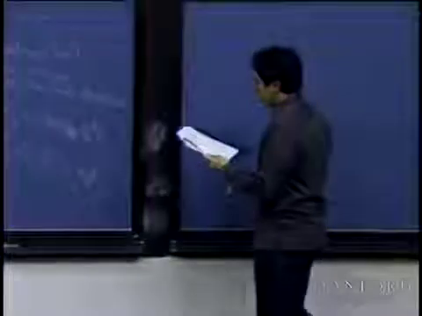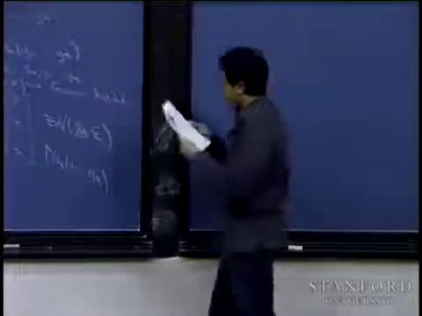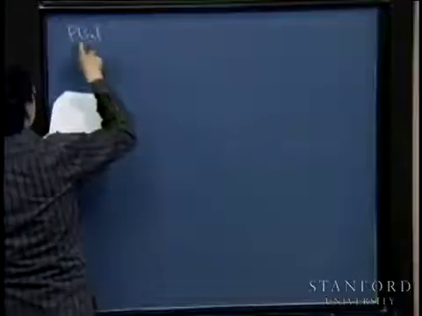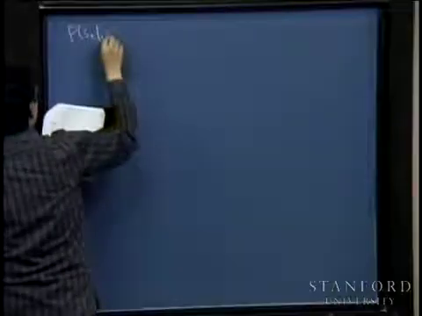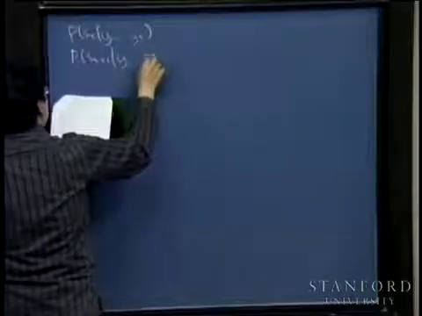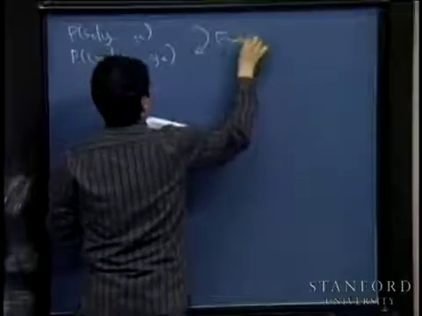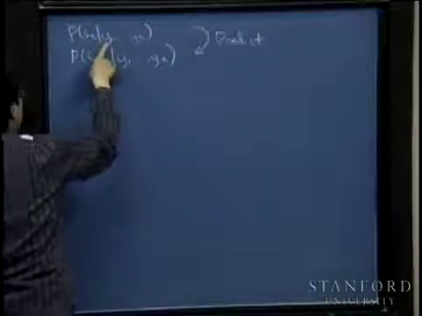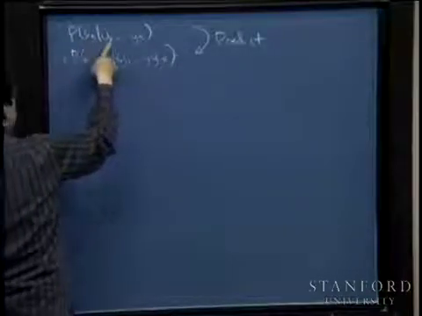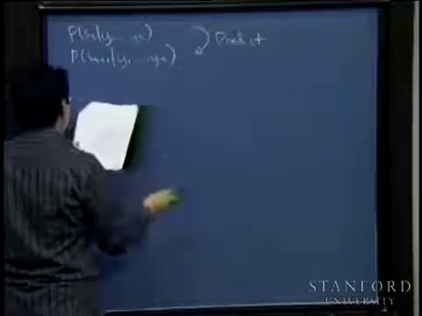So here's the outline of the Kalman filter. It's a recursive algorithm. If I have computed P of ST given y1 up to yt, the Kalman filter organizes its computations in two steps. The first step is called the predict step, where you already have P of ST given y1 up to yt, and you compute what P of ST plus 1 given y1 up to yt is.